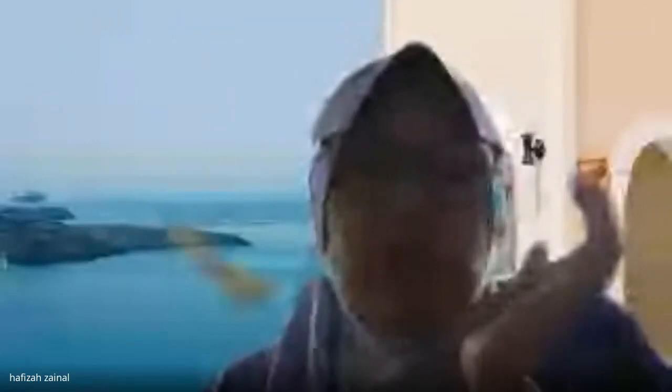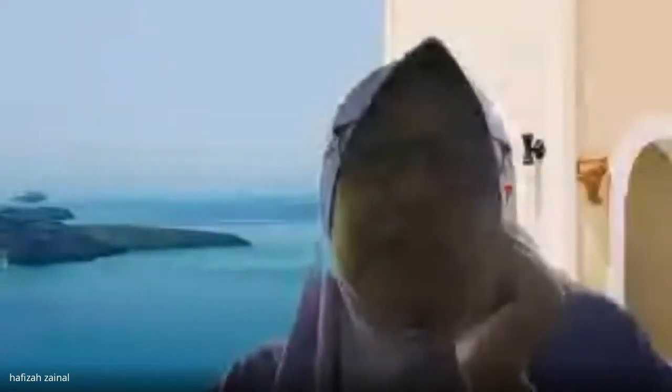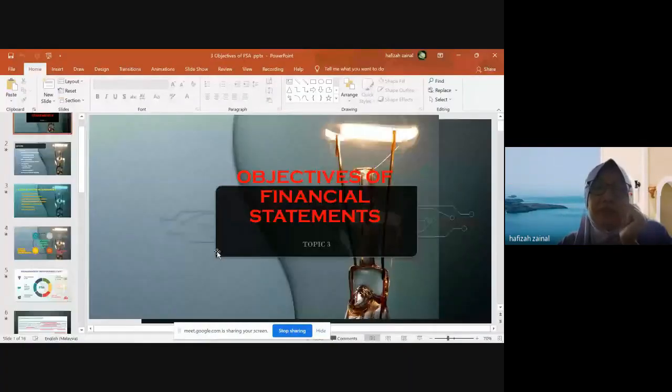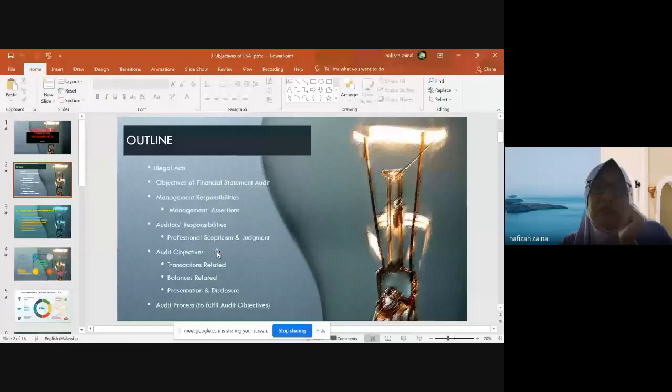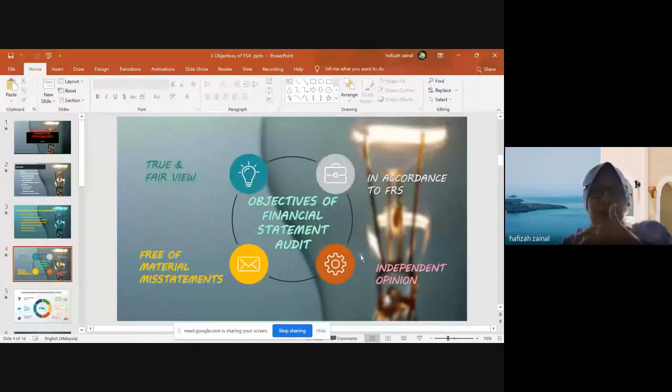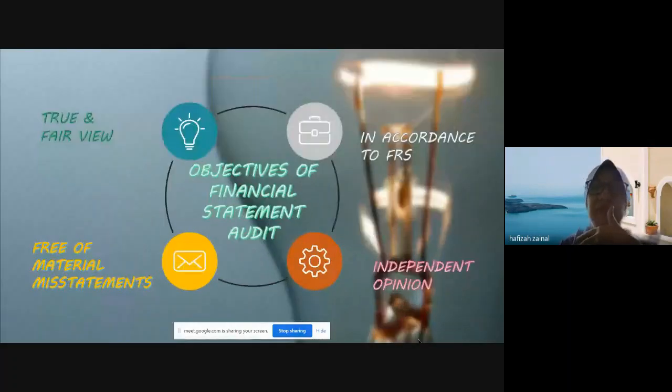Okay, and then in addition to that, I also already explained the objective of the financial statement audit. Most of the time you are trying to give a true and fair view of the financial statement.